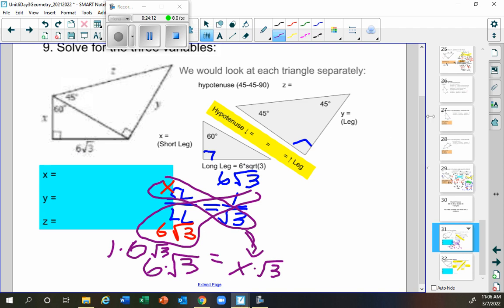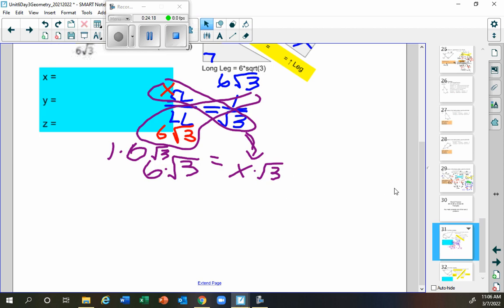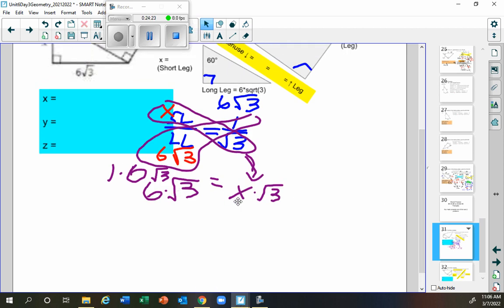However, we notice how we have 6 times square root of 3 equals x times square root of 3? What can we do in this case to get the x?